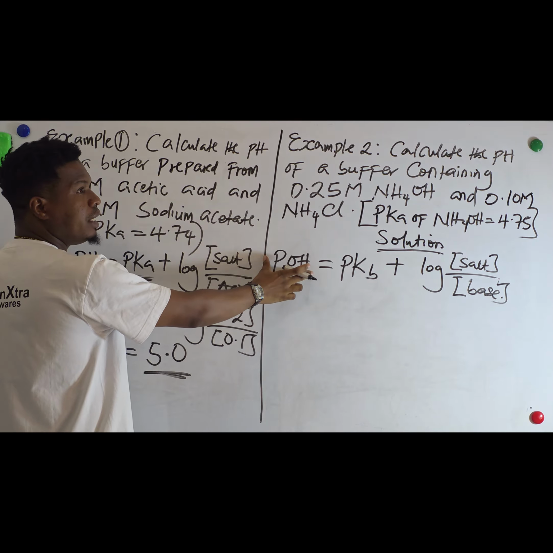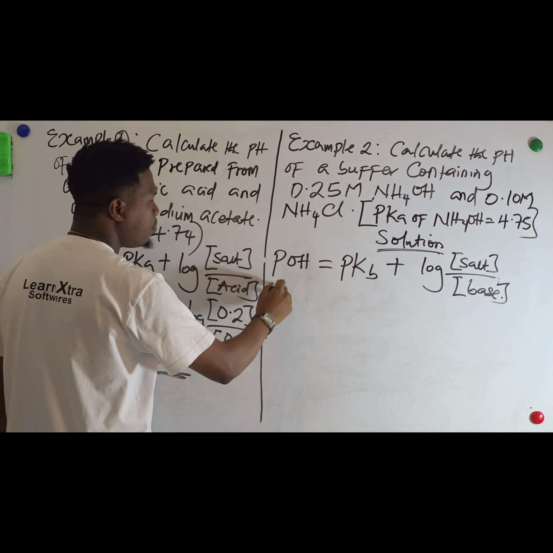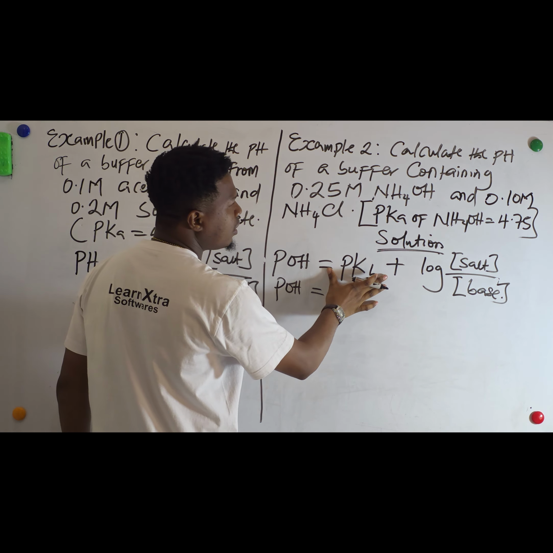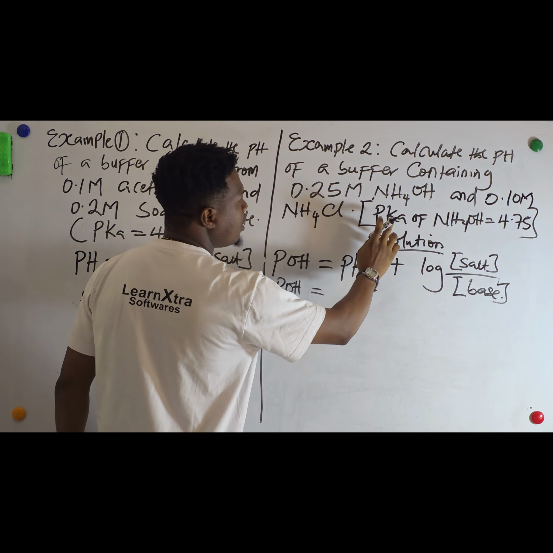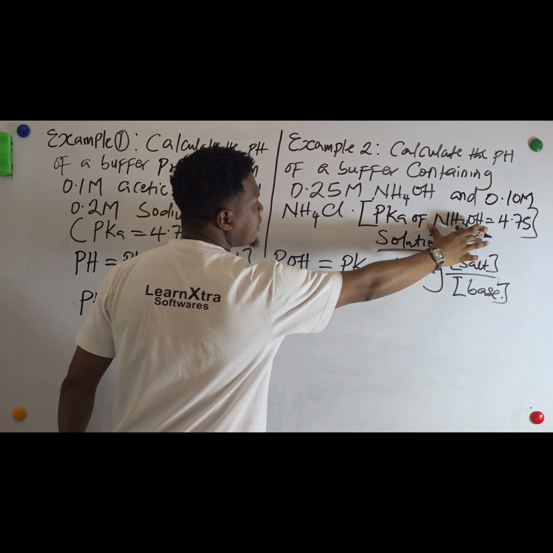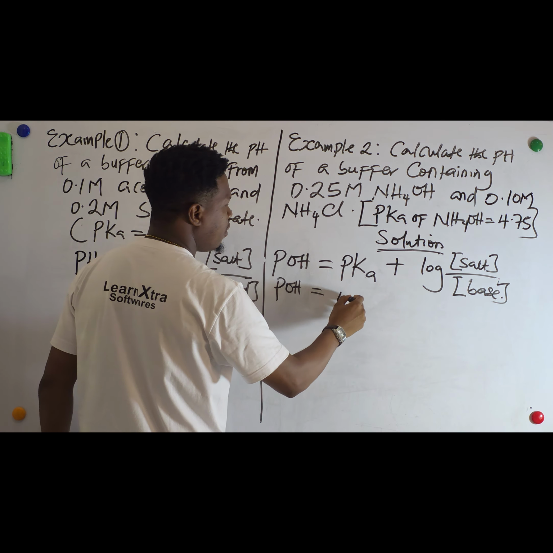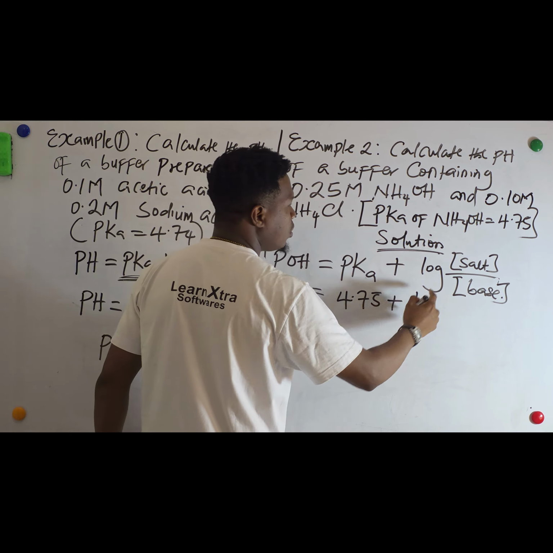When you get the pOH, you can now get the pH. I'll show you how to get it. So pOH is equal to the pKb, sorry, of this ammonium hydroxide. The ionization constant for this is this value. So we have 4.75 plus log of the salt.